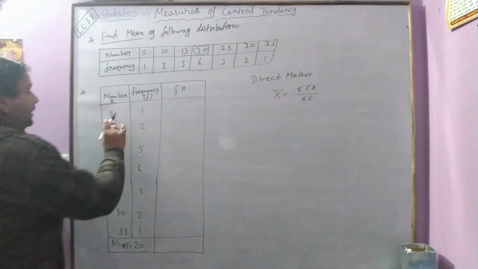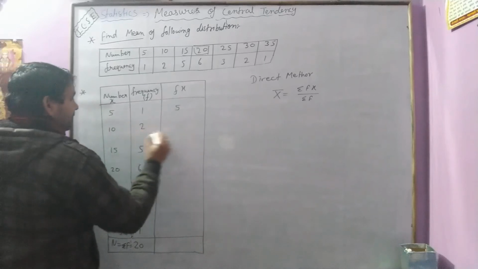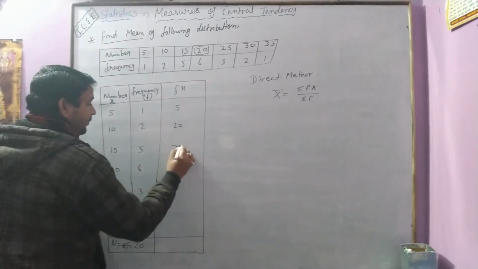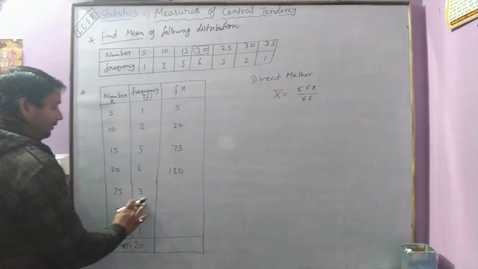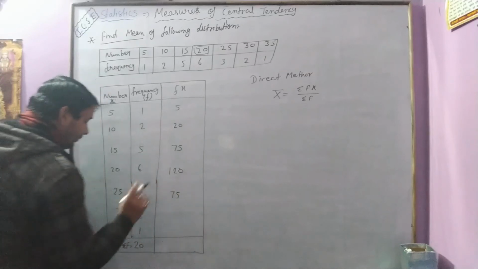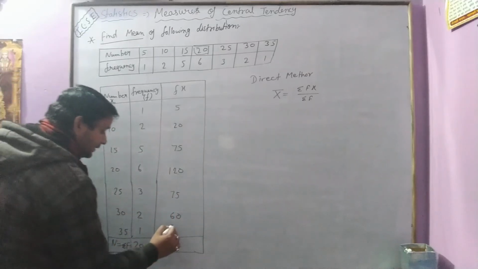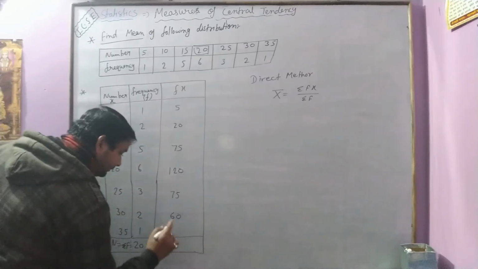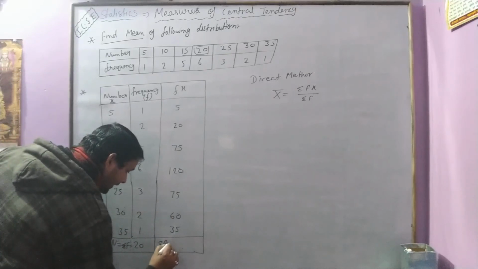Now 5 into 1 is 5, 10 into 2 is 20, 15 into 5 is 75, 20 into 6 is 120, 25 into 3 is 75, 30 into 2 is 60, 35 into 1 is 35. Now add these, summation fx.